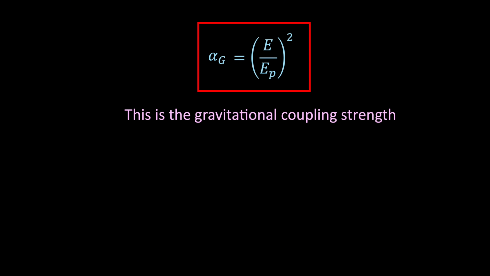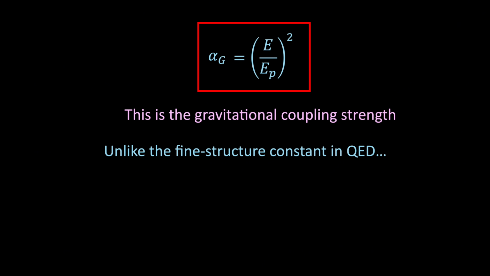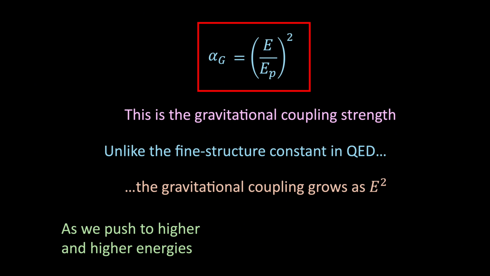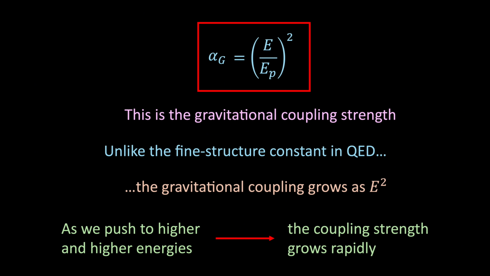This is the gravitational coupling strength, but something truly shocking has emerged. Unlike the fine structure constant in QED, which stays small and only changes very slightly with energy, the gravitational coupling grows as E squared. That means that as we push to higher and higher energies, the coupling strength grows rapidly.